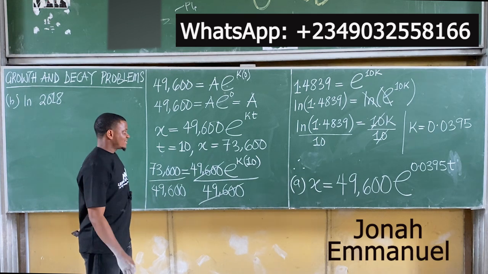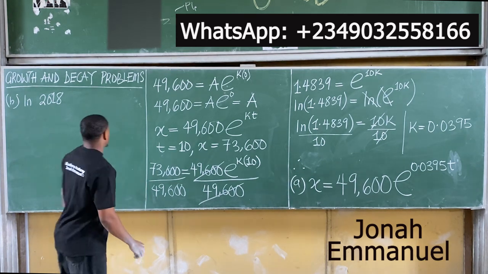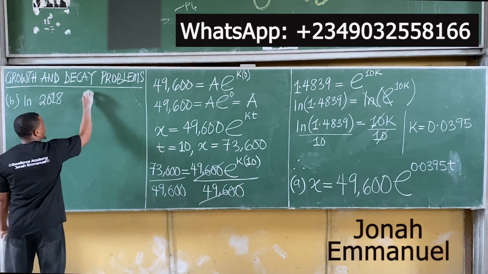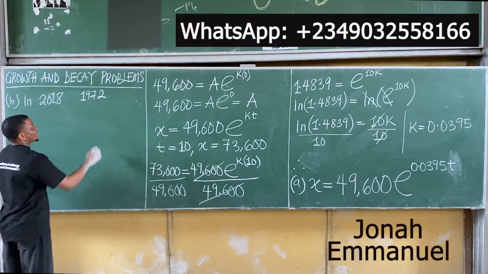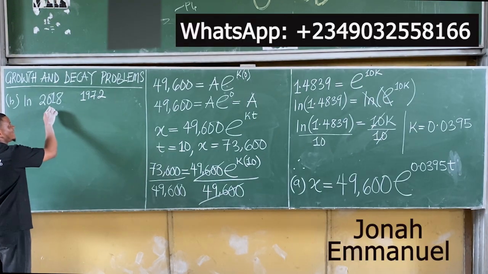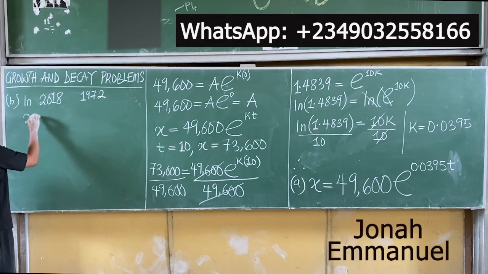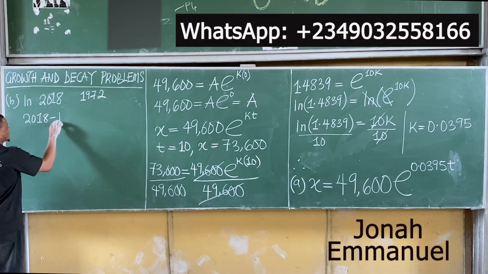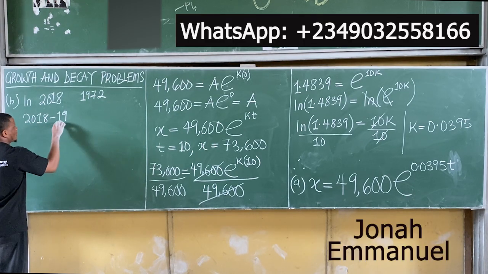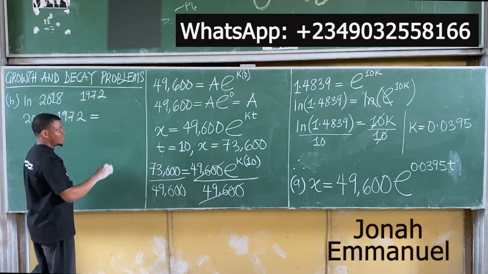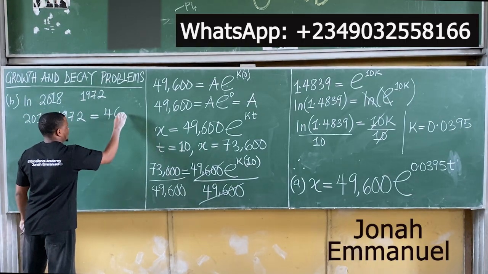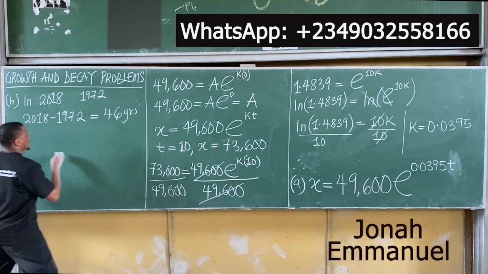What was my initial date? 1972. You now said 2018. From 1972 to 2018, how many years? Just simply punch 2018 minus 1972. How many do you have there? 46 years.